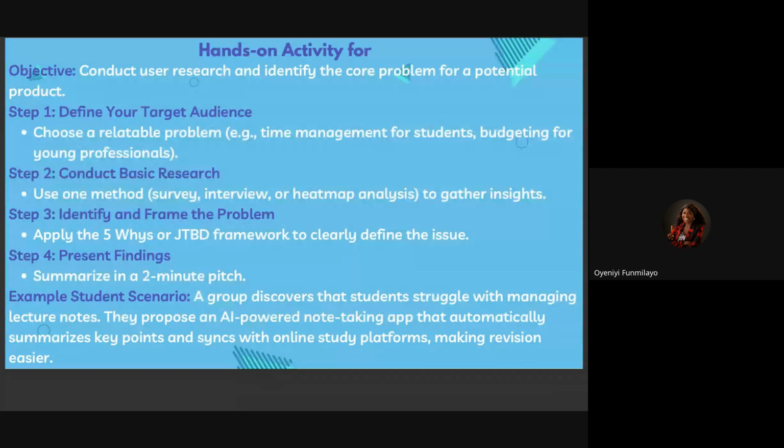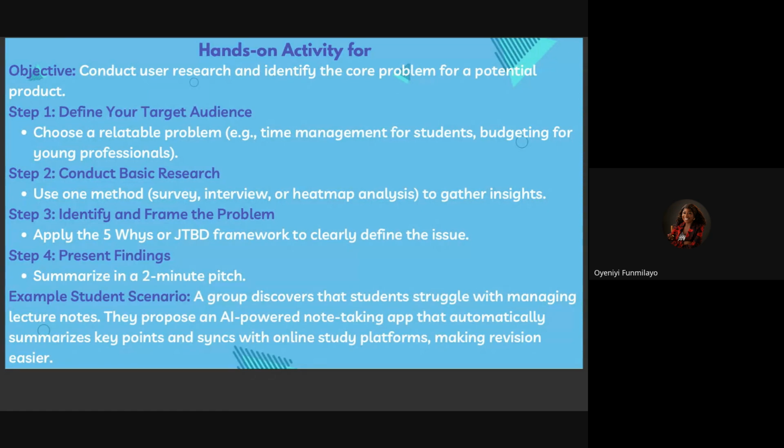So, for example, this is an example for a student scenario. A group discovered that students struggle with managing lecture notes. So they proposed an AI-powered note-taking app that automatically summarizes key points and syncs with online study platforms, making revision easier, right? So this is a possible scenario for the user research.